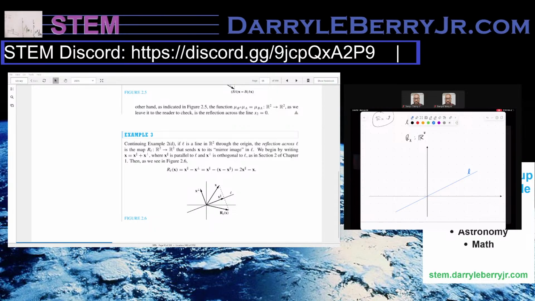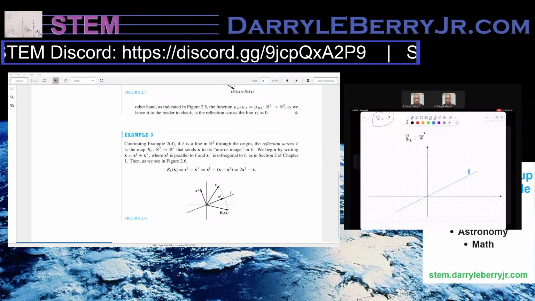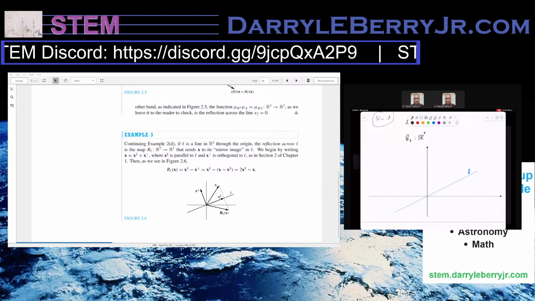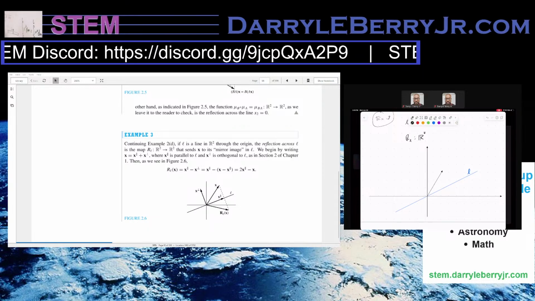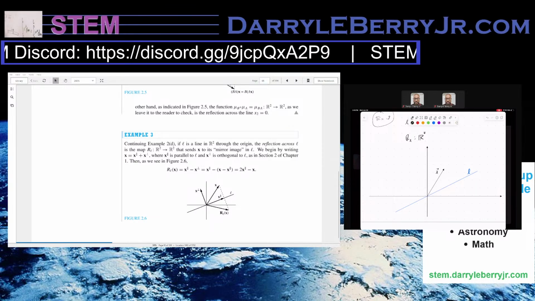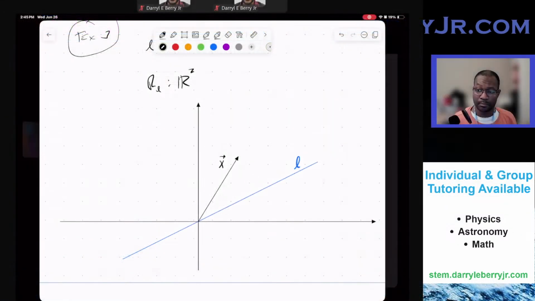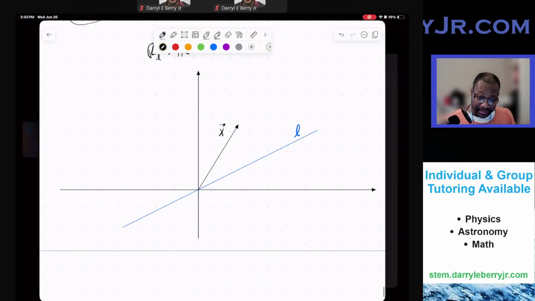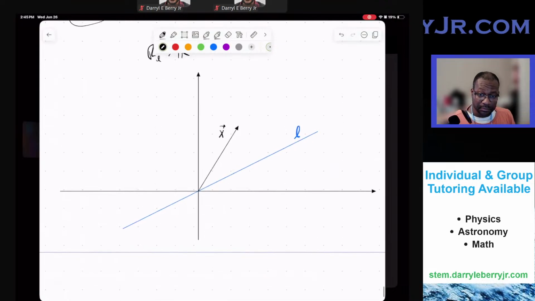And we have X, which will be here. So we're going to project across L.